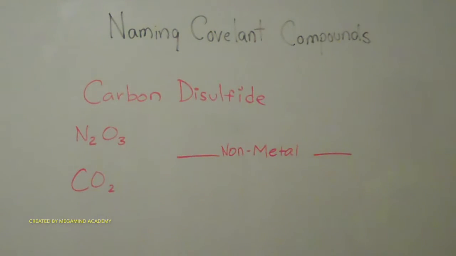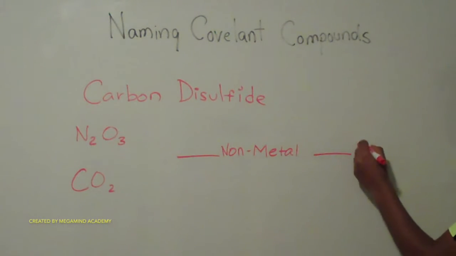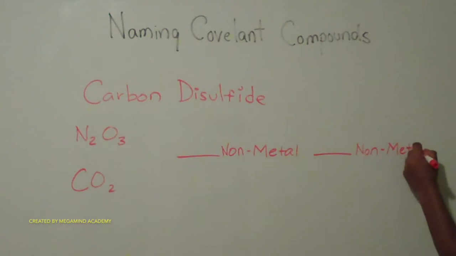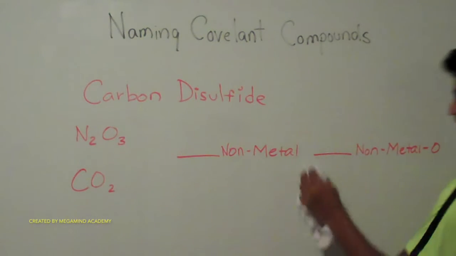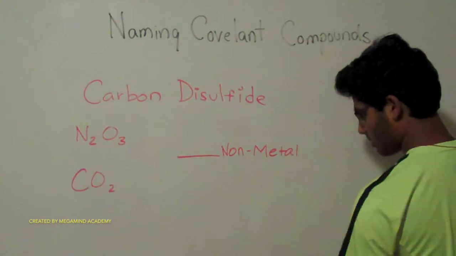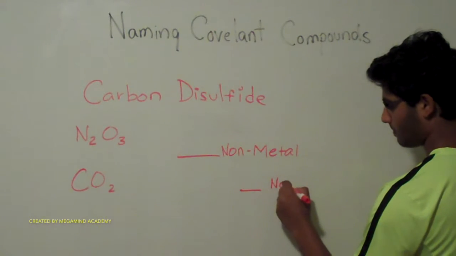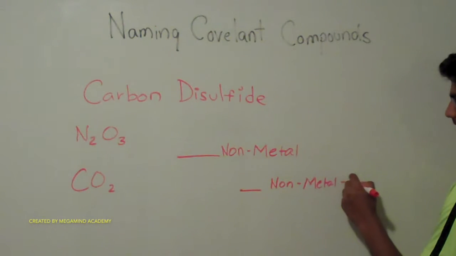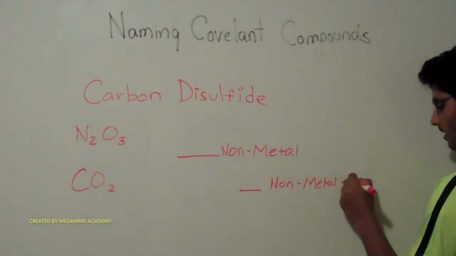And for the second one, after the prefix, we've got the nonmetal, which ends in ide. So nonmetal, and then the second word is a nonmetal, which ends in ide. Oh, sorry, not oxide, ide.